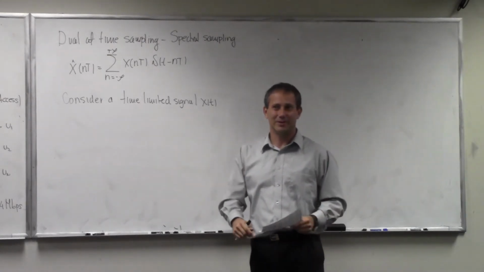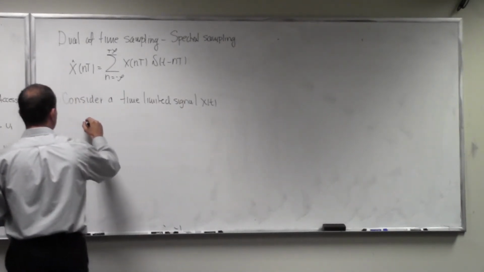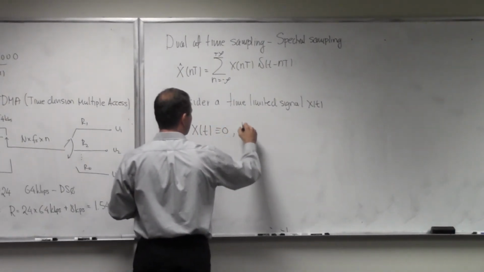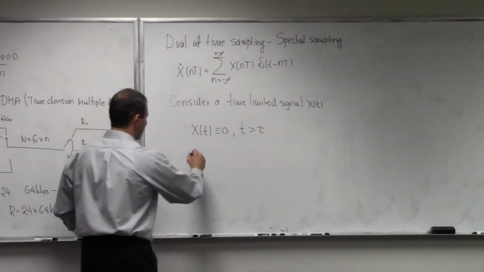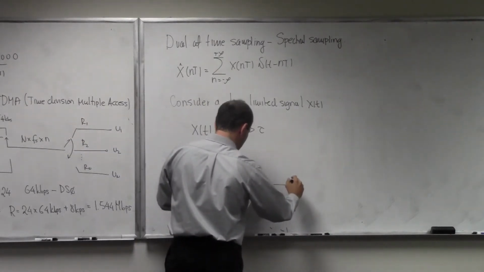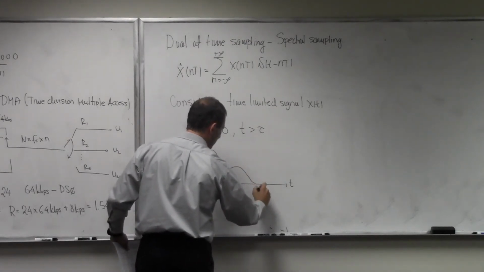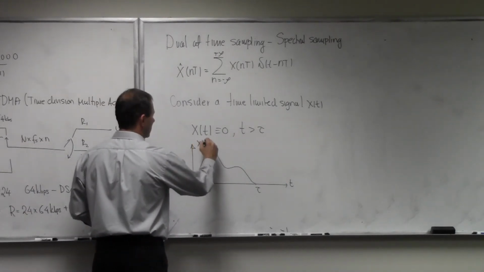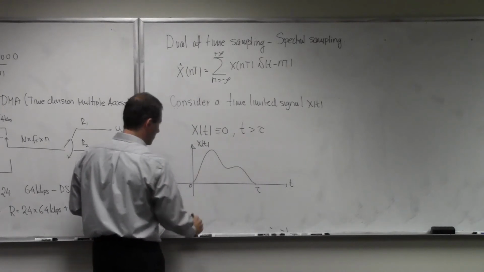It does not extend over the entire t-axis, but exists only on a portion of the t-axis. So what that means is x of t is identically equal to 0 whenever t is greater than some tau. So what does my signal look like? My signal looks like this, t, and this is my tau, and after that there is no signal. The signal stops. So this is x of t. It starts at 0 here.